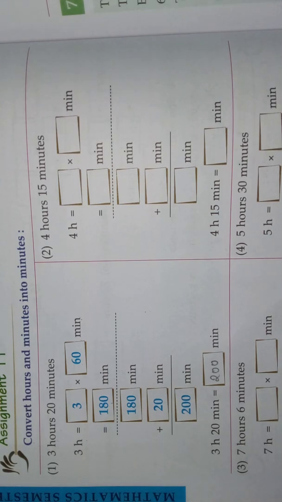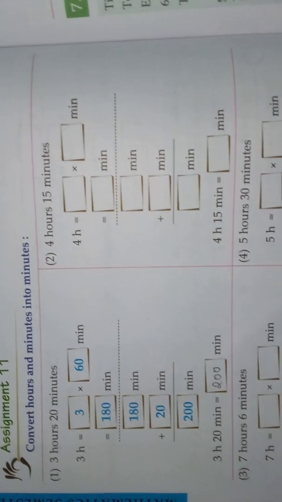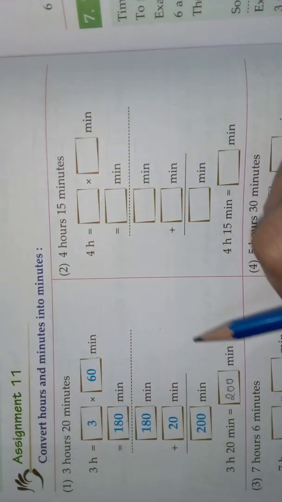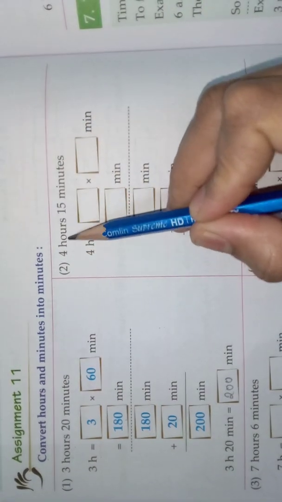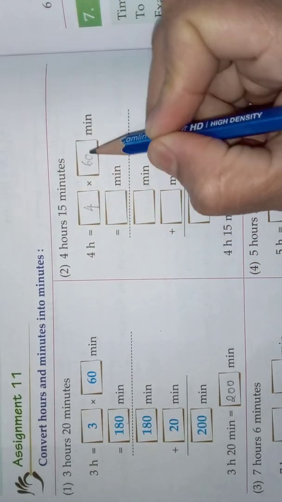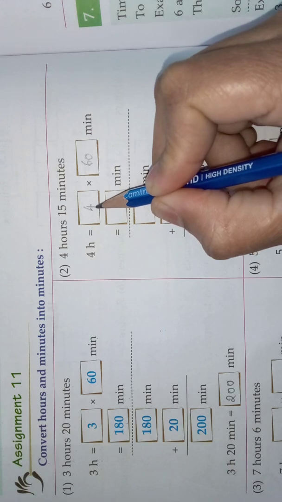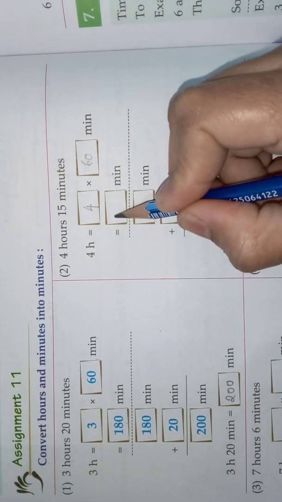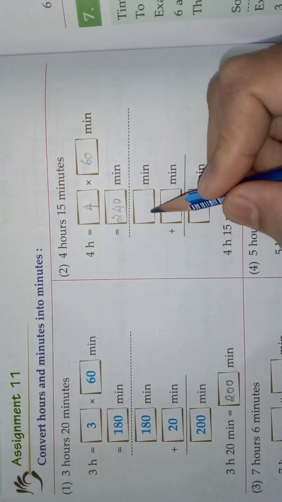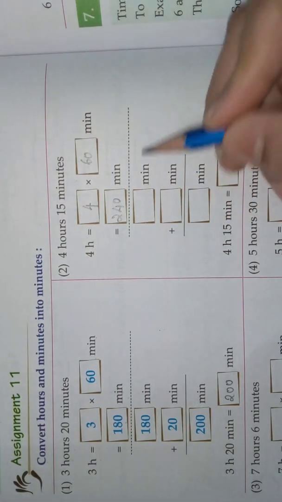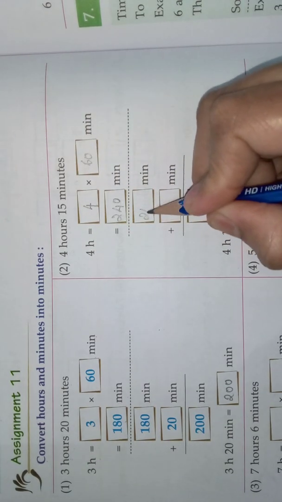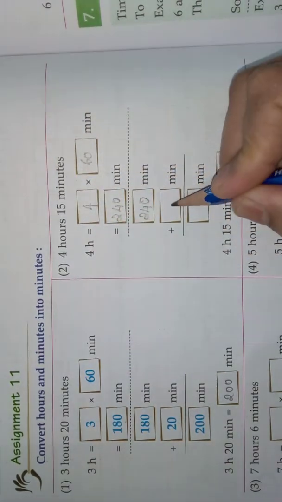Okay, come, we will go to the next sum. Second sum, 4 hours 15 minutes. So, what we should do? We should convert this 4 hours into minutes, that is 4 into 60. 1 hour is equal to 60 minutes, 4 hours is equal to 4 into 60 is equal to 240 minutes. Now, we should add this 240 minutes with this 15 minutes.